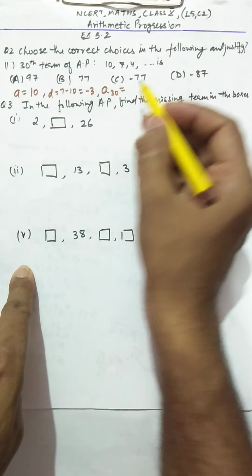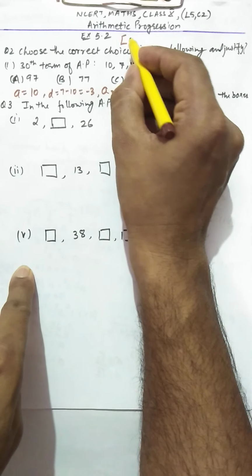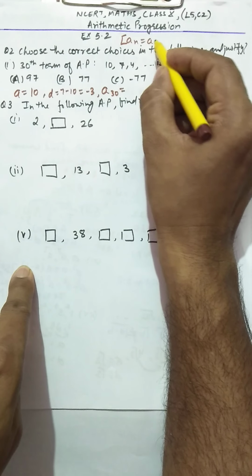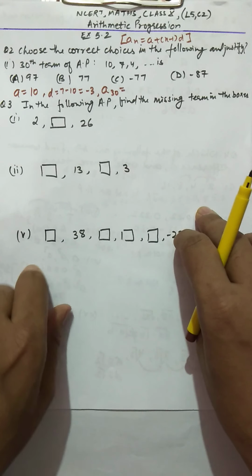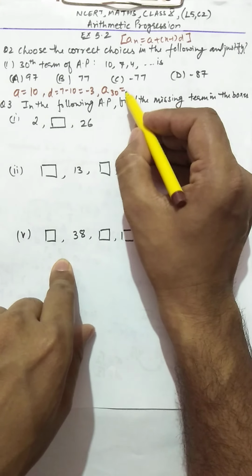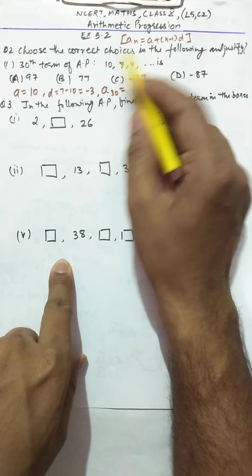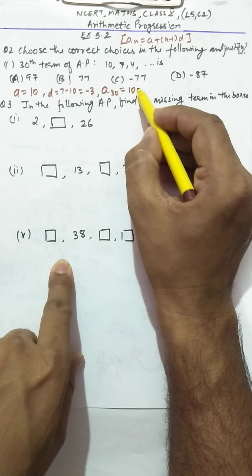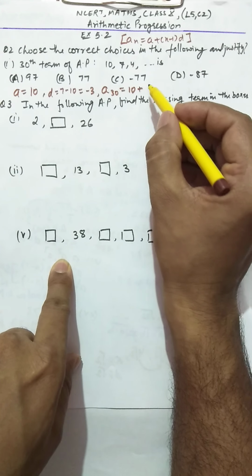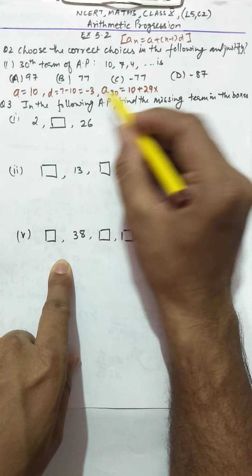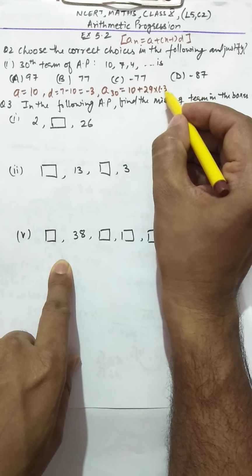So a30, according to the general formula, I'm writing here, a_n equals a plus (n minus 1) d. So remember this general term formula. Apply this. a30, a is 10, 30 minus 1 will be 29, so 29 into d, which is minus 3.